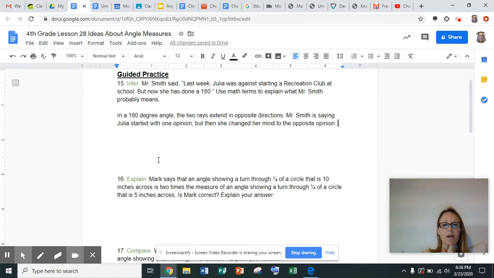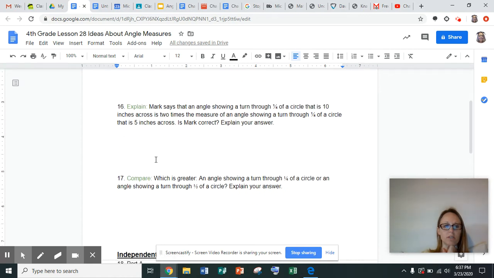All right, now number 16. I'm not going to keep going back and forth since I have all of the questions copied. Explain. Mark says that an angle showing a turn through 1/4 of a circle that is 10 inches across is 2 times the measure of an angle showing a turn through 1/4 of a circle that is 5 inches across. Is Mark correct? Explain your answer.